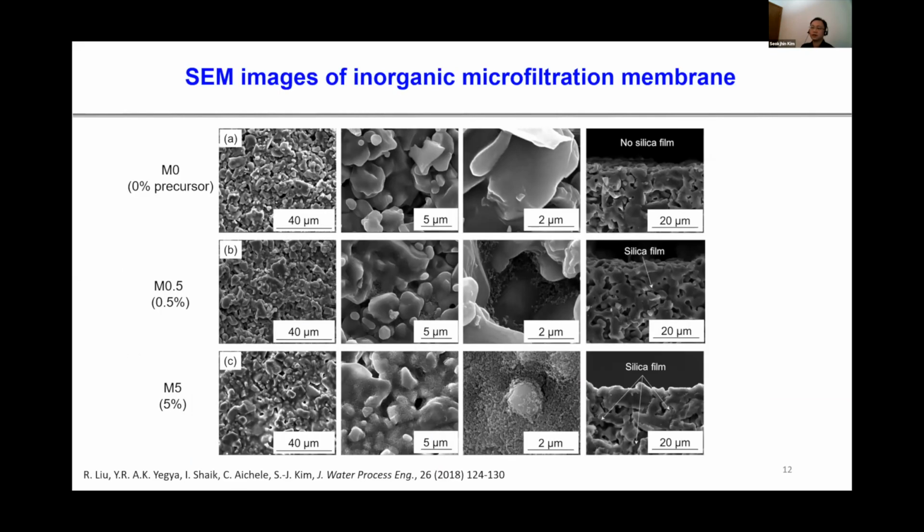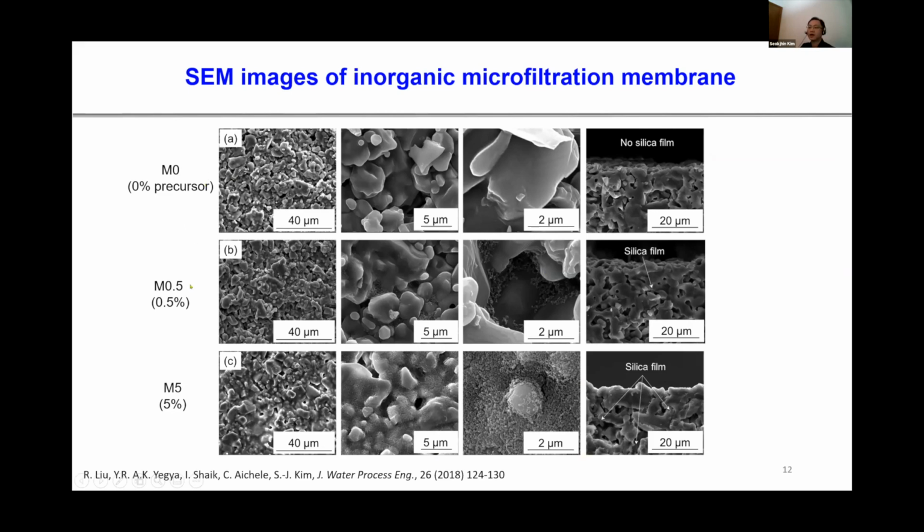So these are the results. The figures show the morphology of the membrane after silica nanoparticle incorporation. On the top, there is the M0 membrane. M0 membrane means the pristine alumina membrane. There are no silica nanoparticles.